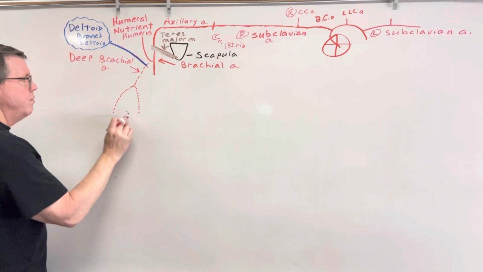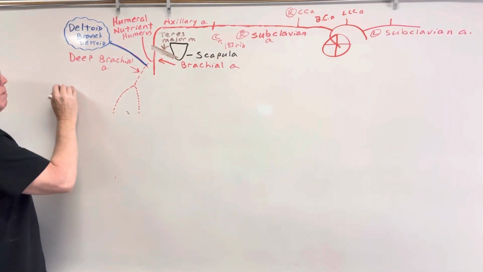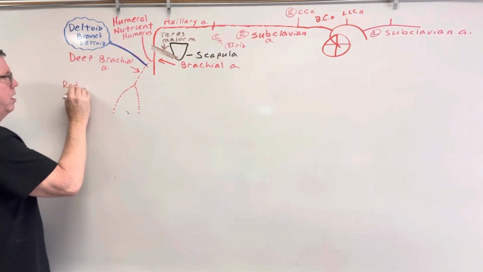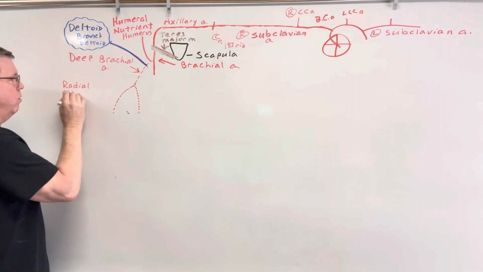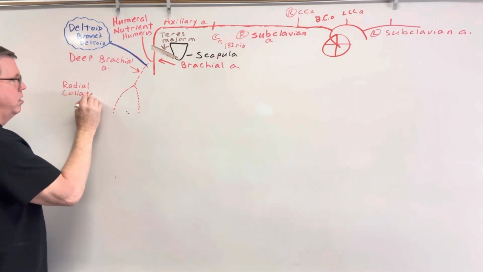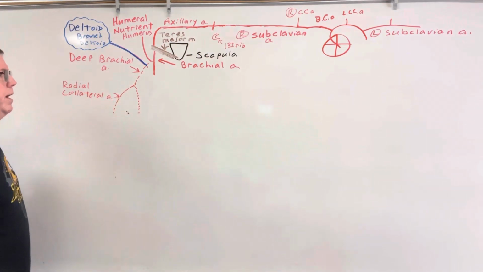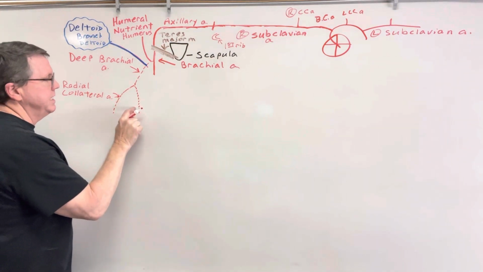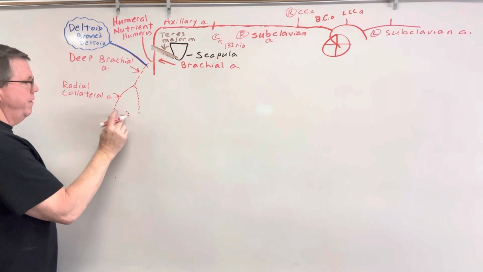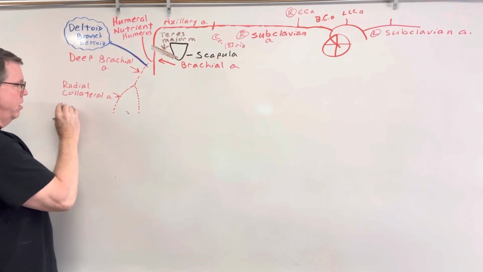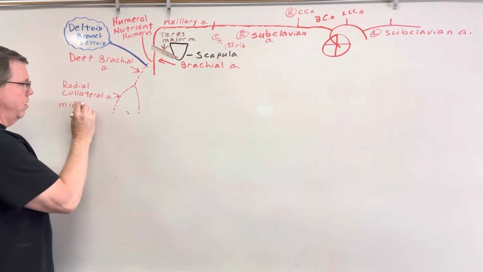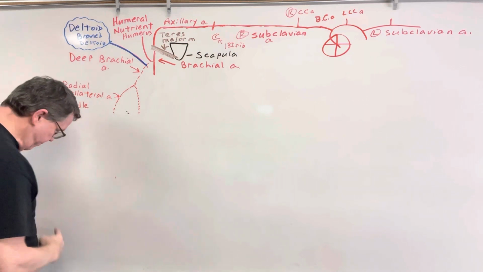And then this is going to be called my radial collateral artery. That's the radial collateral artery. And then I have this portion that's in here, and I'm going to call this the middle collateral artery. And I'm going to actually use a different color for this too.